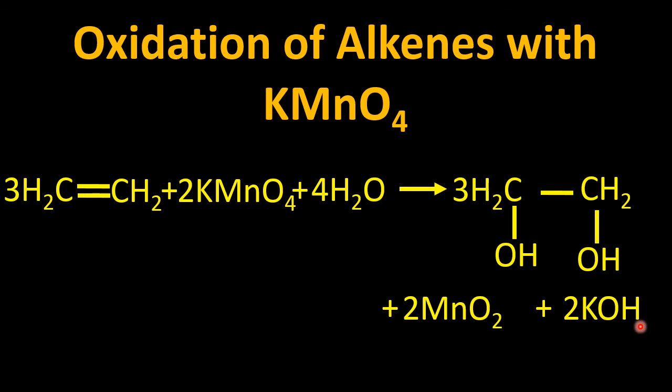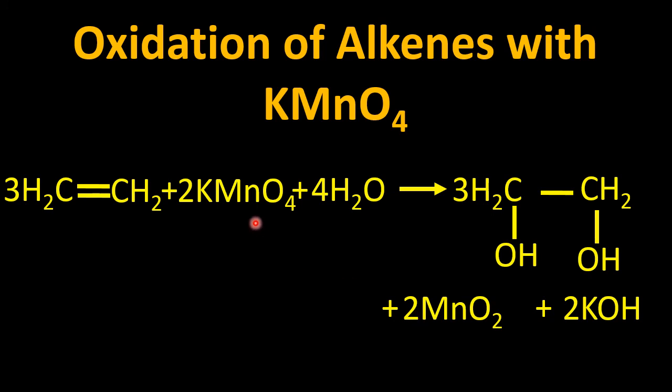Here, this hydrogen is 2. So we have 18 plus 2, 20 hydrogen atoms. Now potassium, we have 2 potassiums over here and 2 potassium atoms over here as well. For manganese, we have 2 manganese atoms over here, and again in the product we have 2 manganese atoms.